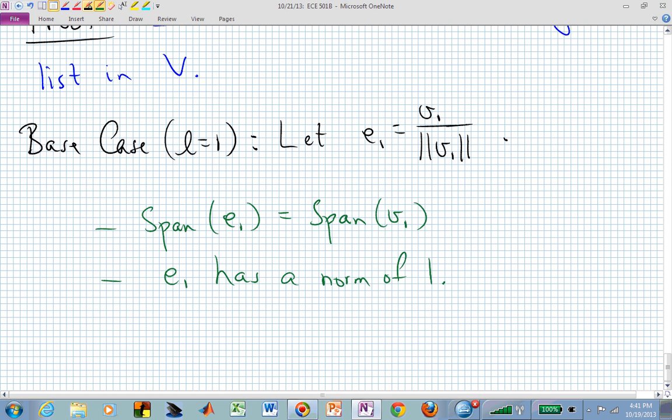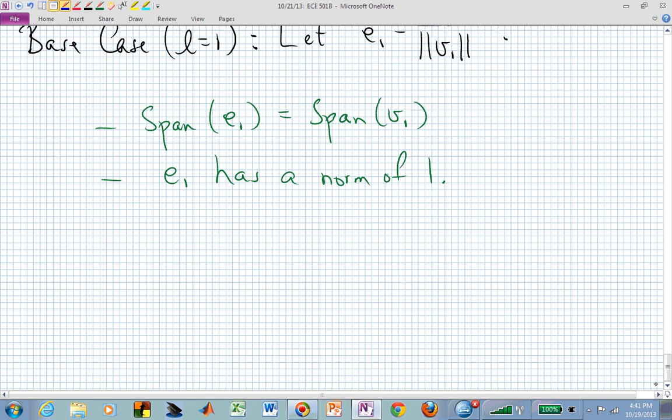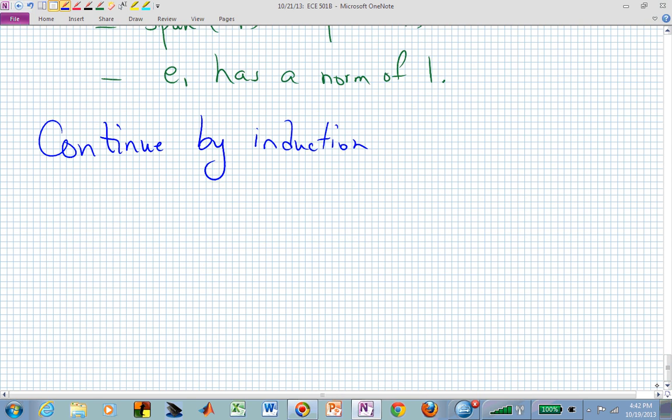That's the base case. Then we can step through by induction, and so we have to take our induction hypothesis, which is to go ahead and assume that this is true for values of j up to, let's say, j minus 1.